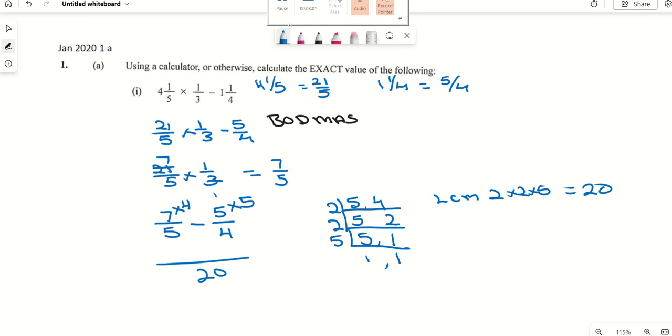So 7 4s are 28, right? And then 5 5s are 25. So you have 28 minus 25 over 20, which is 28 minus 25 is 3 over 20, and that would be your answer for January 2021.